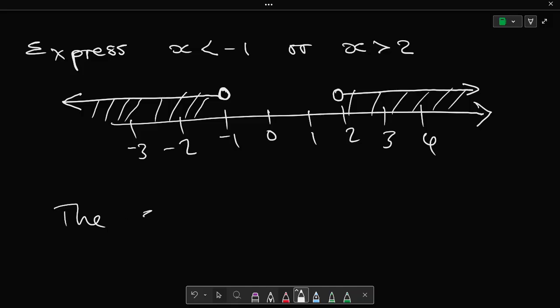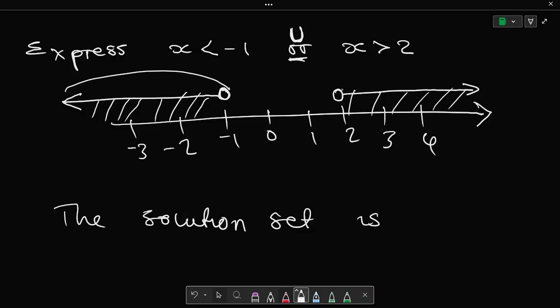So let's say the solution set is, but you find that there is a gap here. So how do you connect this? To connect this, or just represents union. So you are taking what is here in union with what is here. This gap here, we are not considering it, but we just put the union. So you're taking what is this side, and what is this side.